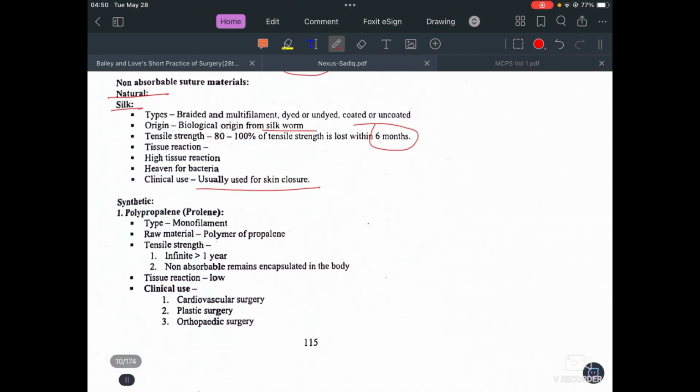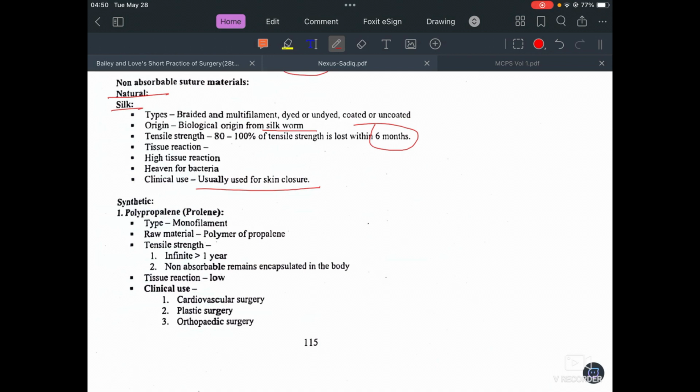Now comes the synthetic. Polypropylene, Prolene and polypropylene both are same thing. So we have to keep this polypropylene in our mind. Type is monofilament, raw material is polymer of the propylene. The tensile strength infinite, more than 1 year.